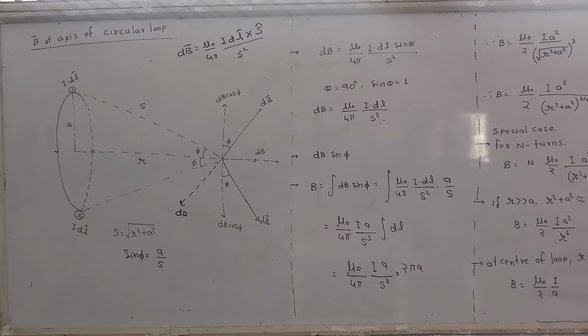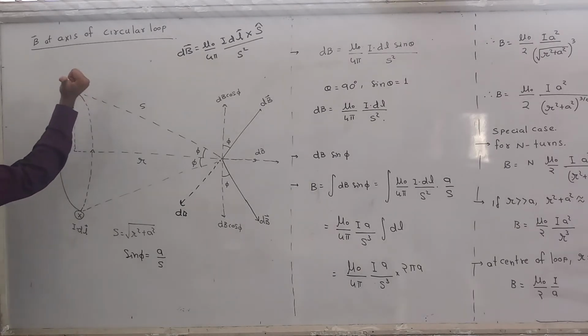Now again, how to decide? Use Ampere's rule. What is Ampere's rule? Place the thumb in the direction of current and move your fingers. If the fingers show the upward direction, then this upward dB will be correct. If they show the downward direction, then this will be correct. Let us see.